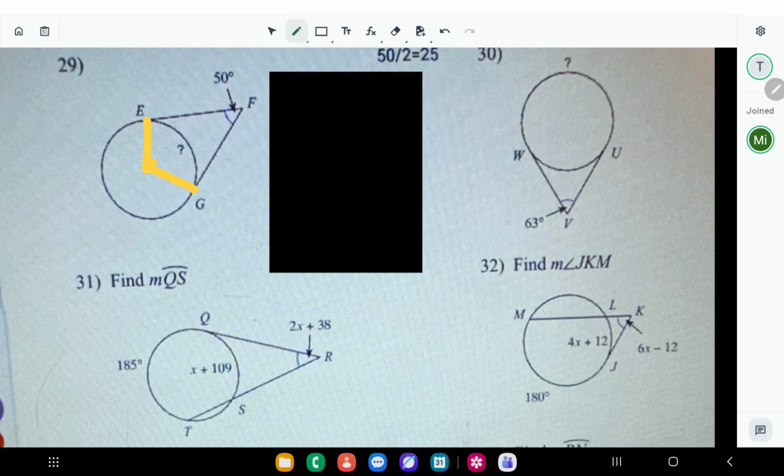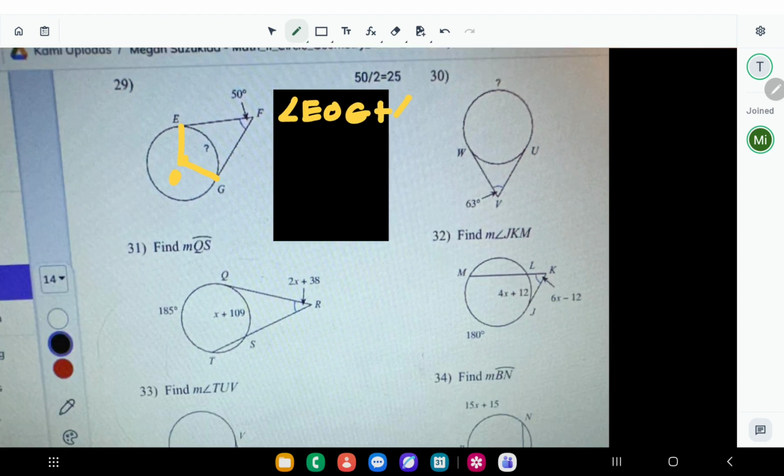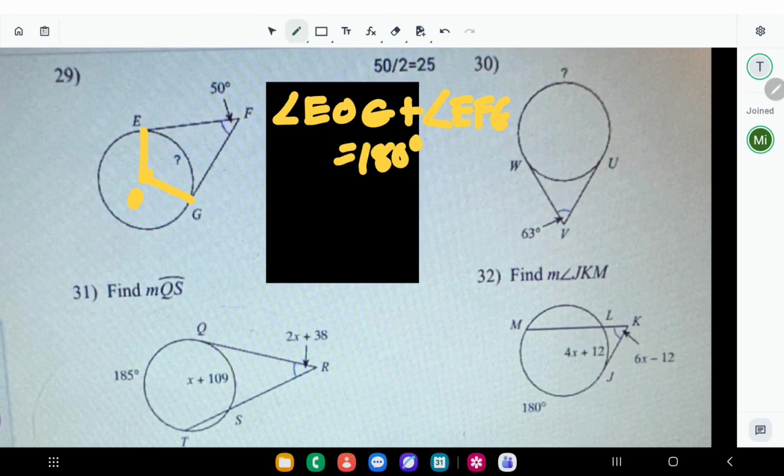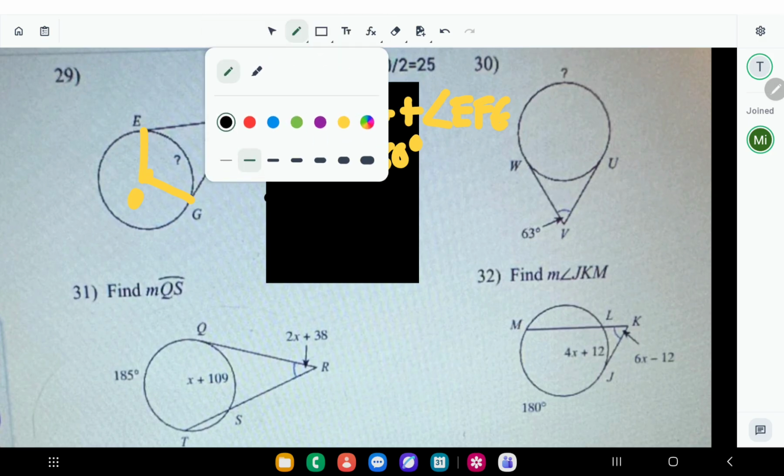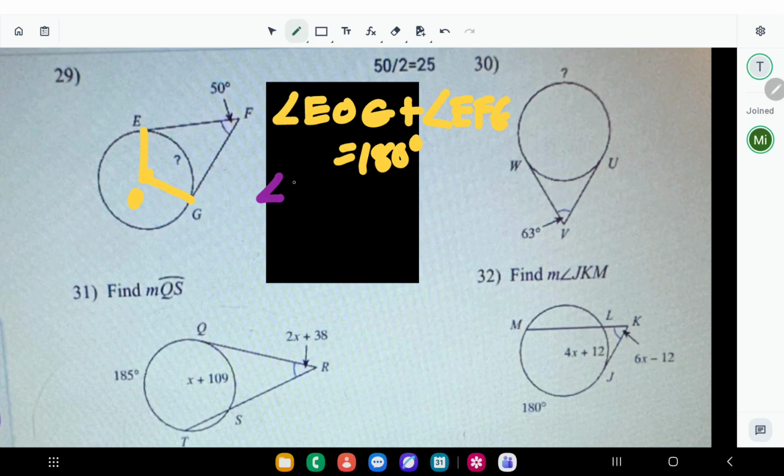Okay, so that means, let's say this is O, angle EOG plus angle EFG is equal to 180 degrees. So angle EOG is just equal to 180 minus 50.